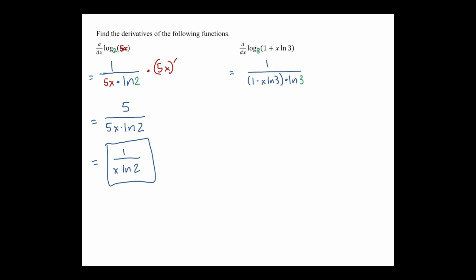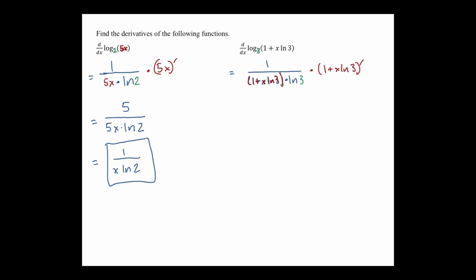So now this right here should have been a plus, so let's fix that. That is going to be a plus. So this is my inner function. I still need to take the derivative of this because of the chain rule. And we have 1 plus x ln of 3, prime, so I haven't taken the derivative yet.